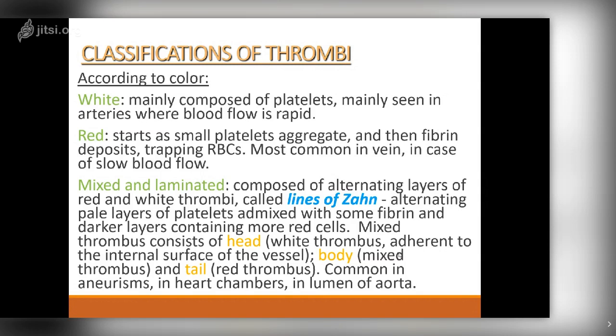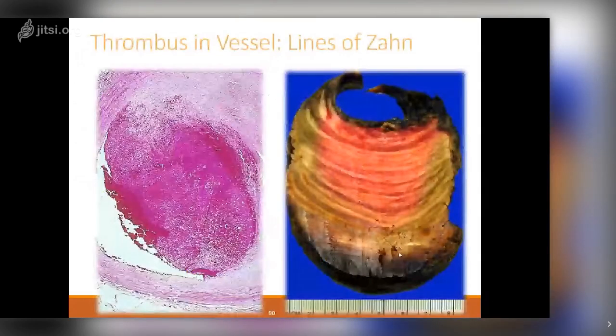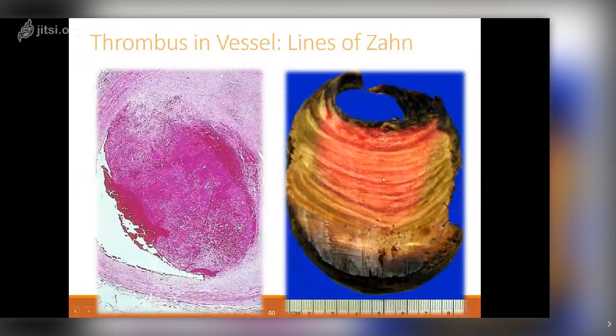Of course, such huge thrombi we can see usually in large arteries like the aorta, especially if there are aneurysms of the aorta. Here you see typical mixed thrombi with lines of Zahn, and here is how a thrombus looks under the microscope again.